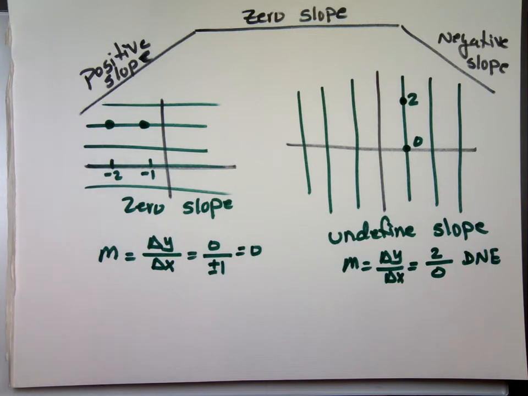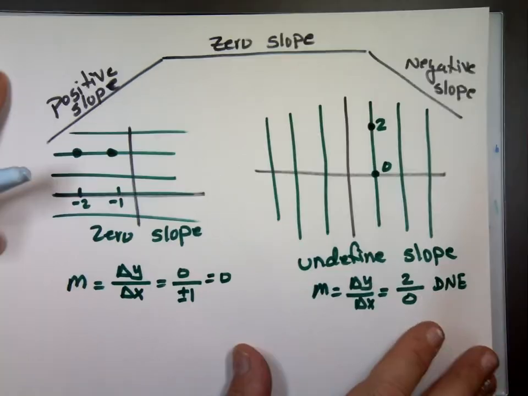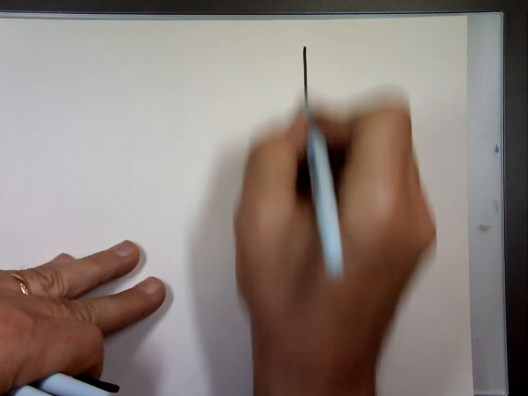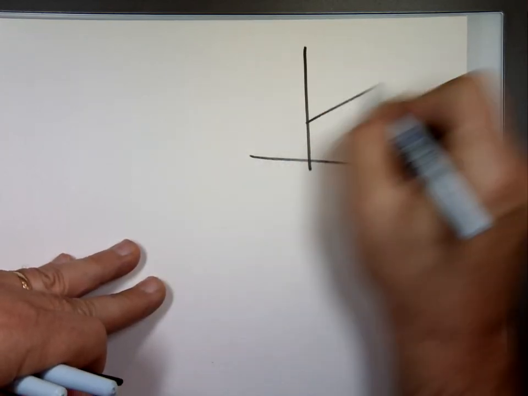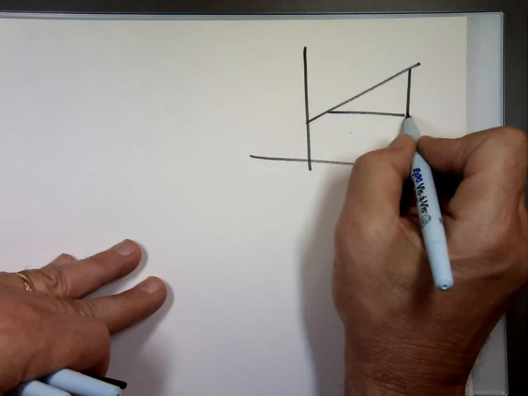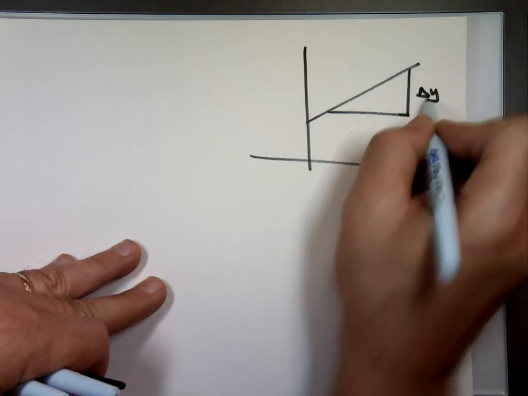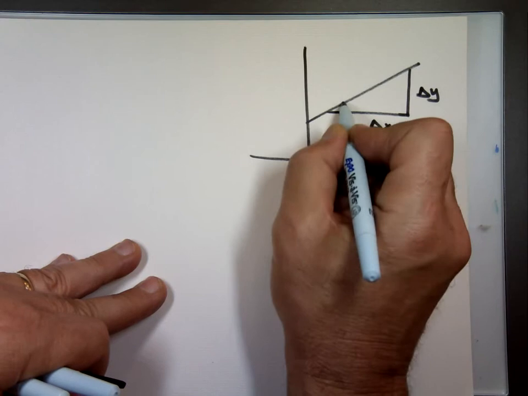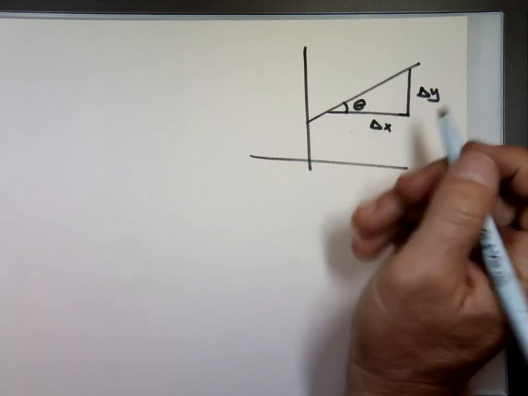By the way, just to take you back to trig, in case you forgot about it. Let's say this is the line. I make a triangle here. This is the change in y, and this is the change in x. Let's call this angle theta. First, what's the slope, m?